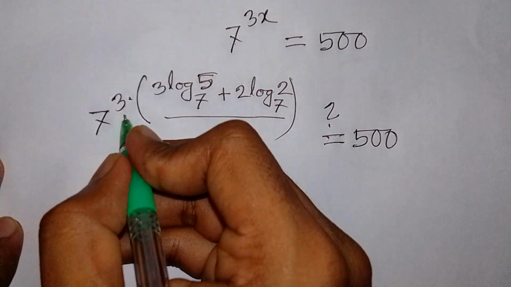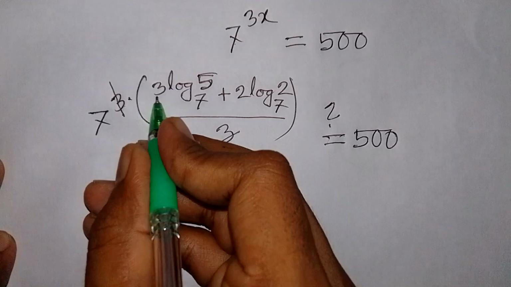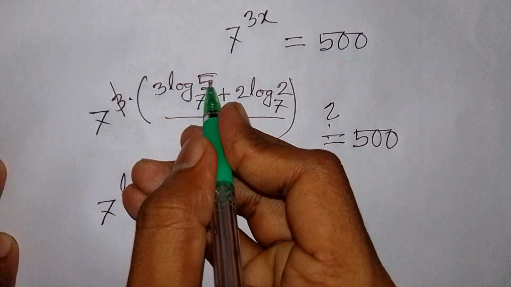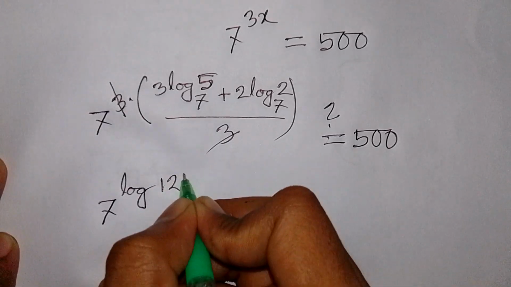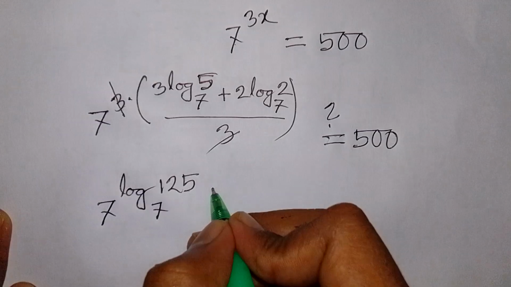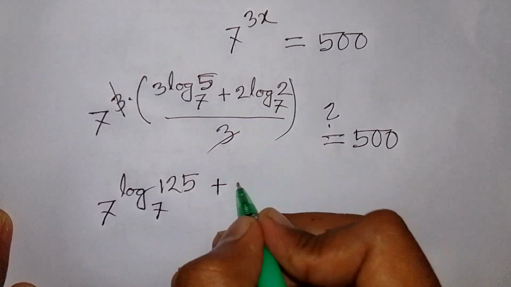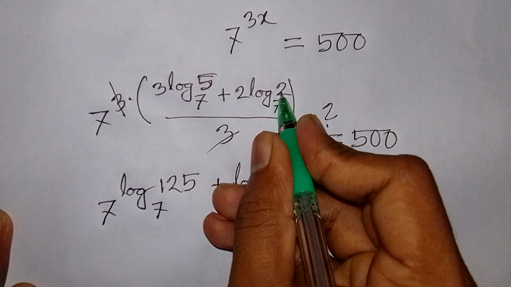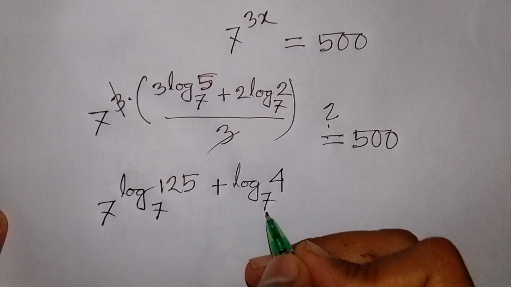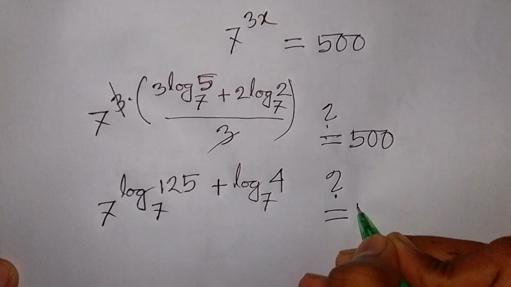Now we see this 3 will be cancelled. So we have 7 to the power of 3 log 5 base 7, which is the same as log 5^3, that means log 125 base 7. Here plus 2 log 2 base 7 is the same as log 2^2, that means log 4 base 7. Is it equal to 500?